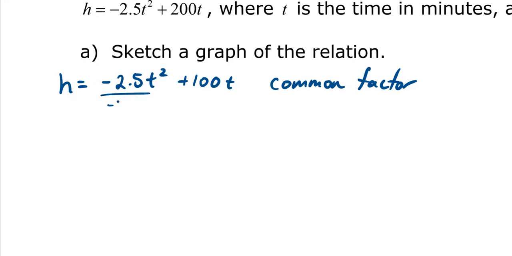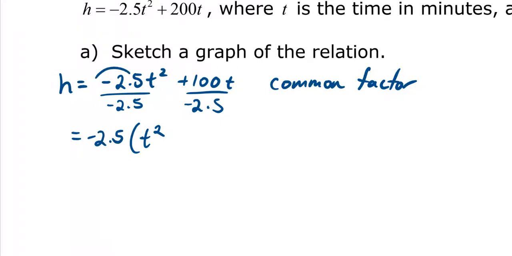I can divide this first term by negative 2.5, and 100 divided by negative 2.5 gives us a nice answer as well. Negative 2.5 divided by negative 2.5 is just t squared. So create your brackets, write t squared, put your common factor outside, negative 2.5. Again, it's like the reverse distributive property. You're just common factoring out a negative 2.5. And so it comes out here.